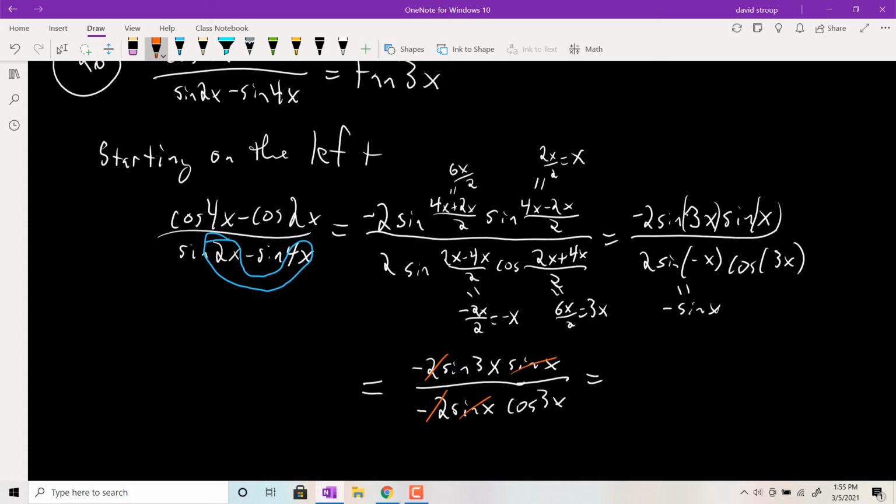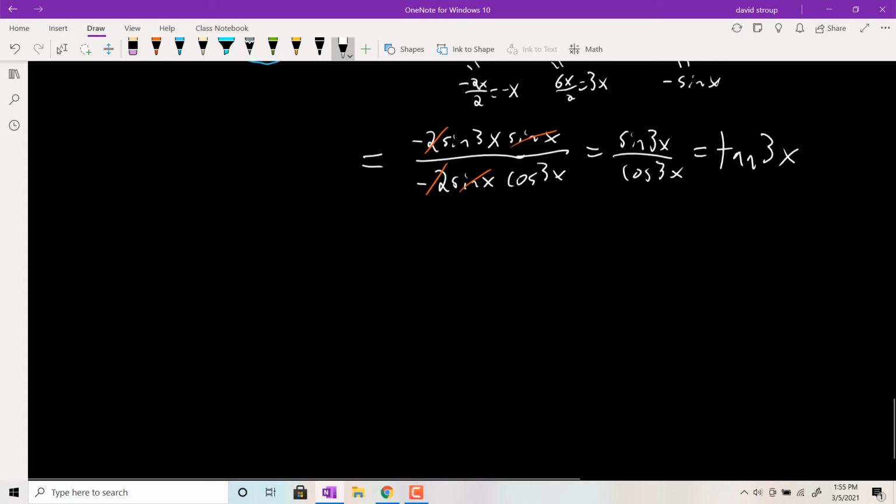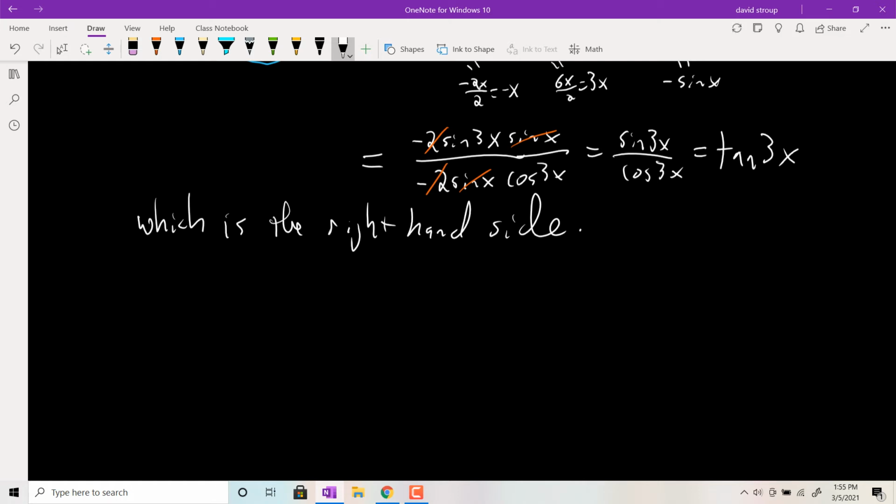Sine x with sine x, that'll cancel out, and you're just left with sine of 3x over cosine of 3x. And of course, sine over cosine is tan, so we end up with tan of 3x, which is the right-hand side of our identity. Which is what we wanted to show. So, you know, the identity holds.